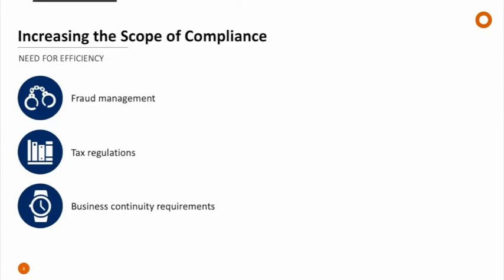Also a very important topic is business continuity, which is often something the compliance function deals with, especially with the increase in outsourcing services that financial institutions are using and managing the risk of third parties, the risk of outsourcing. This is something that compliance needs to take care of.